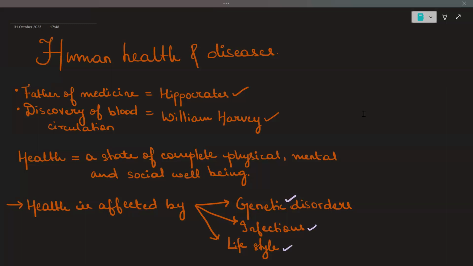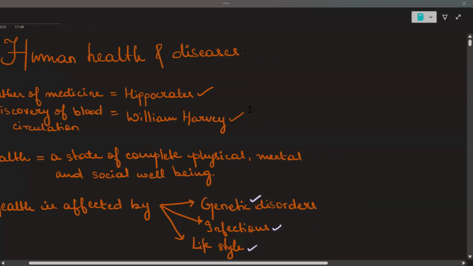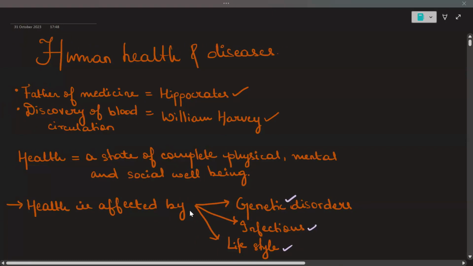Oh, evolution. We can also do this chapter, ma'am, because in my half-yearly exam, human health and diseases also counts. Yeah, we'll start this chapter only, human health and diseases.